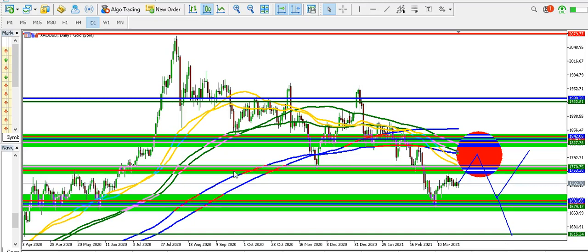Okay, so for trend lines, we already have our points for connecting the trend line. The first point is here. Let me remove the horizontal lines.